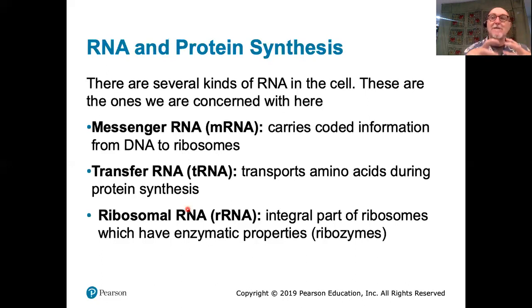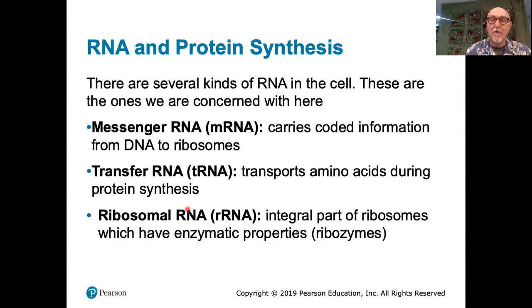The body of the ribosome is made up of a mixture of proteins and RNA, ribosomal RNA, coiled and folded into a very, very complex structure that produces the structure of the ribosome. So that's point number one. It is structural. But function number two is that some of the ribosomal RNAs are actually enzymes.